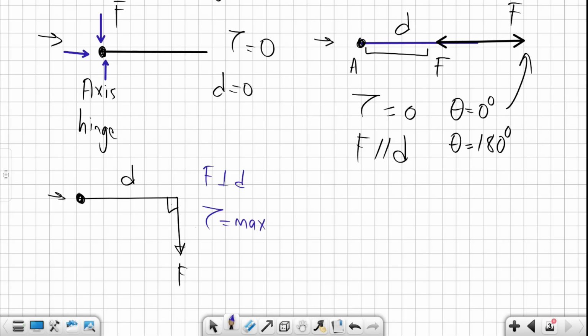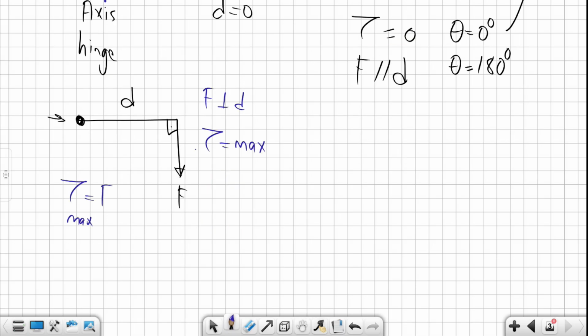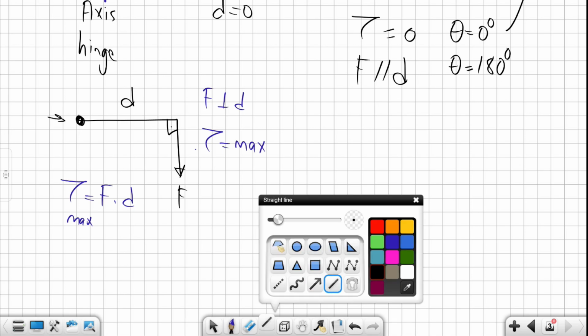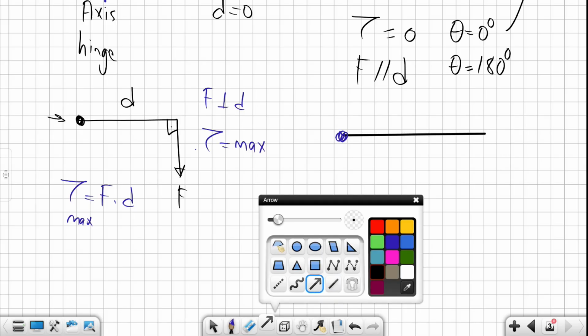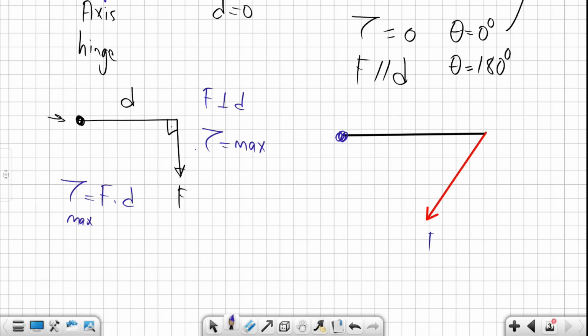It means the torque is maximum. You have the maximum ability to rotate this door, and the maximum torque will be equal to force times distance.